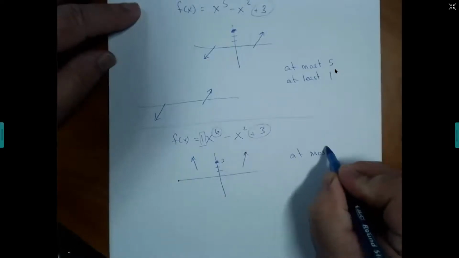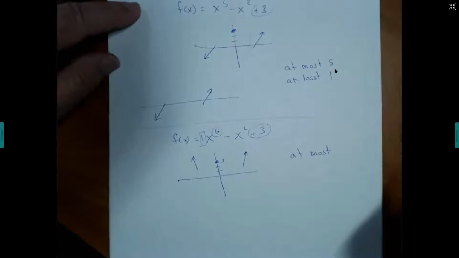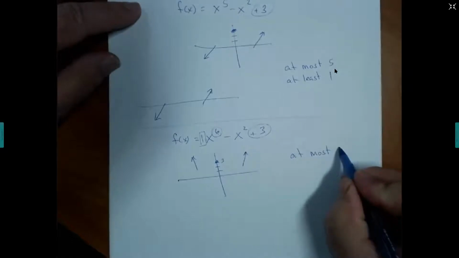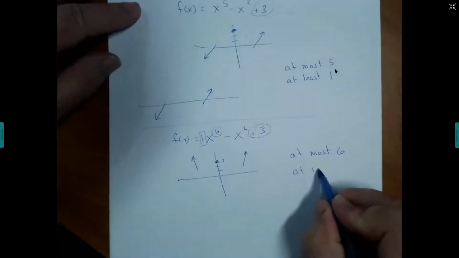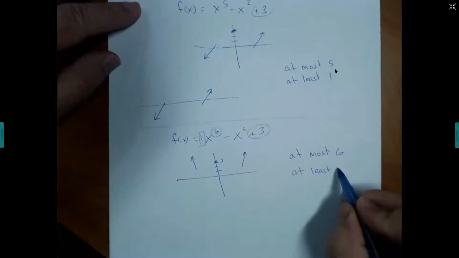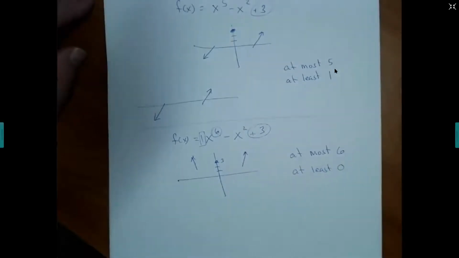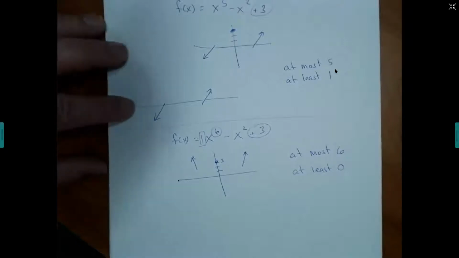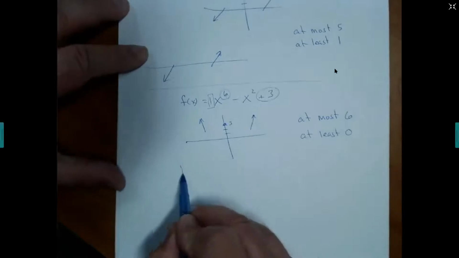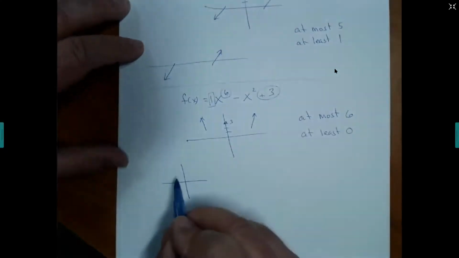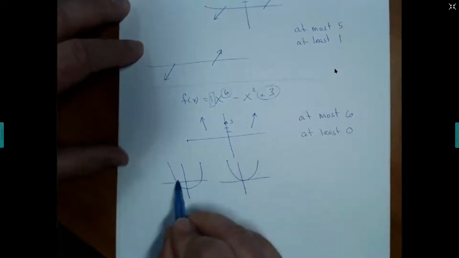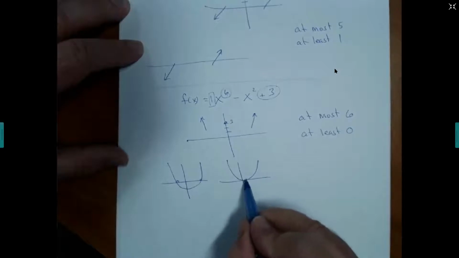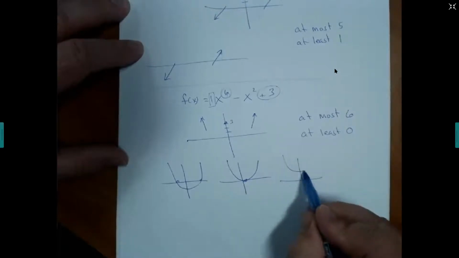So at most, it can have how many x-intercepts? You have 6. That's the exponent. And at least, 0. It's because in an even equation, it can cross n number of times, 1 time, or 0 times.